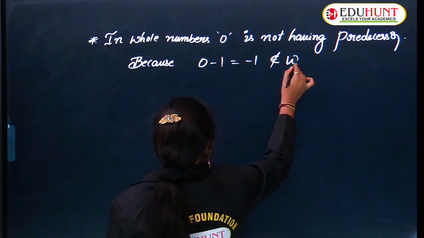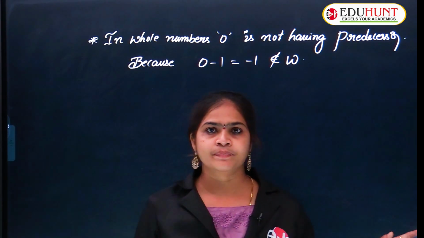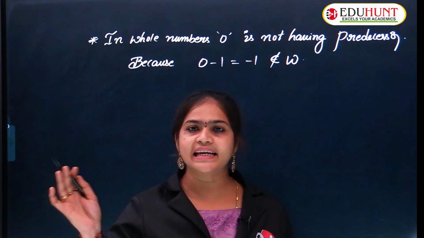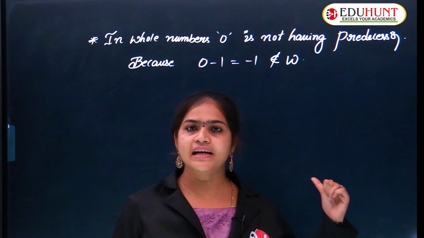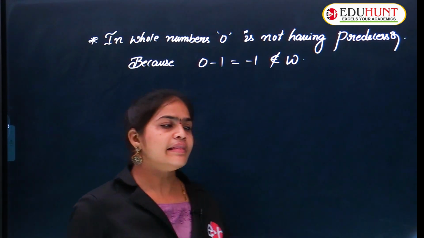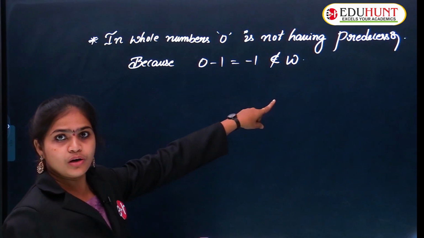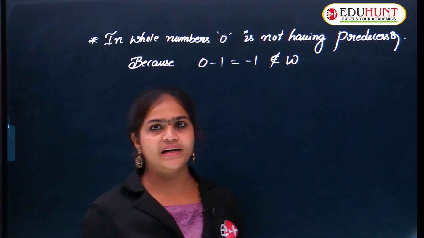That does not belong to whole numbers. Minus 1 means those are negative integers. On the left side of 0 we get negative integers. Negative numbers all belong to integers. But here we are discussing whole numbers. That's why minus 1 does not belong to whole numbers, and 0 does not have a predecessor in whole numbers.